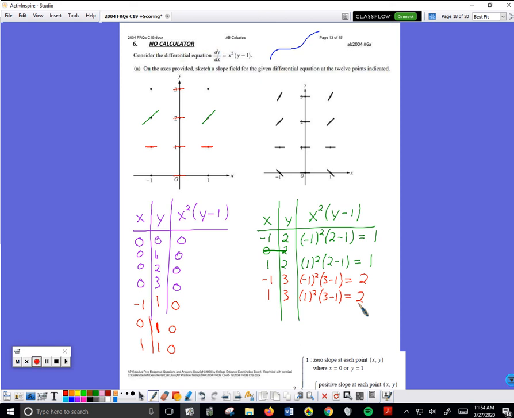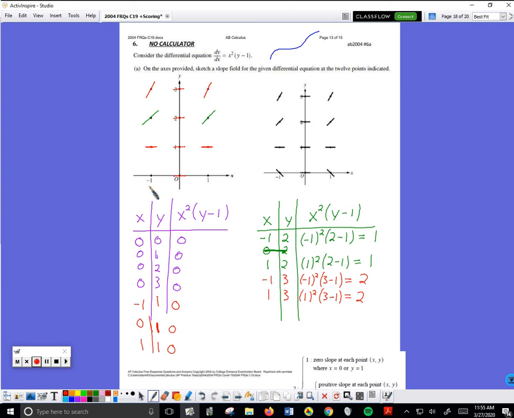So slope of 2 means over 1, up 2. I've got to get a slope of 2. So let's see. If I went up 2, I'd be way up there, so that seems about right. Over 1, up 2, like so.